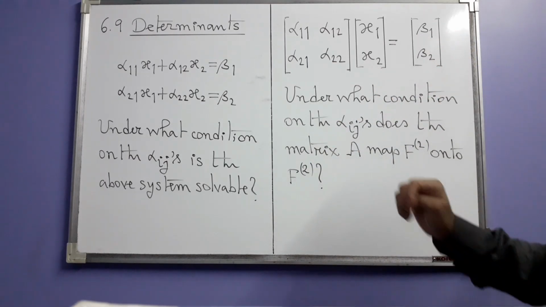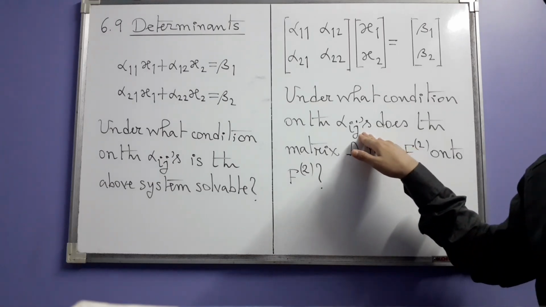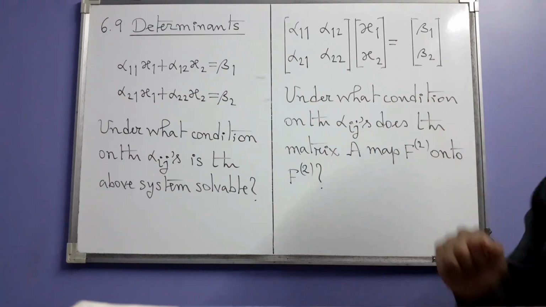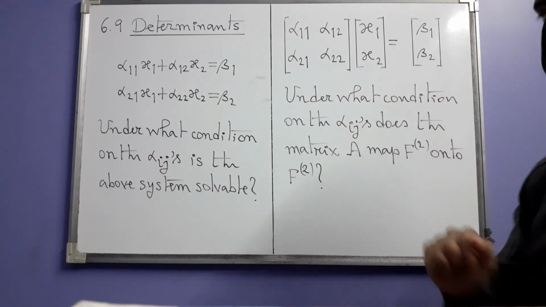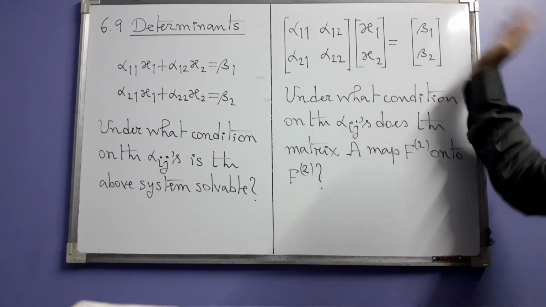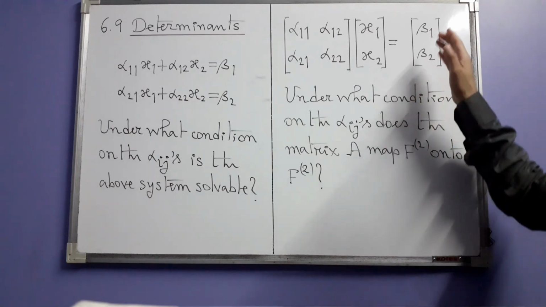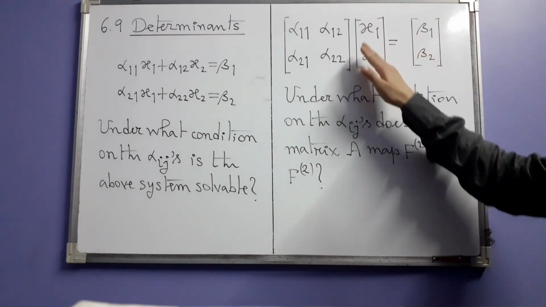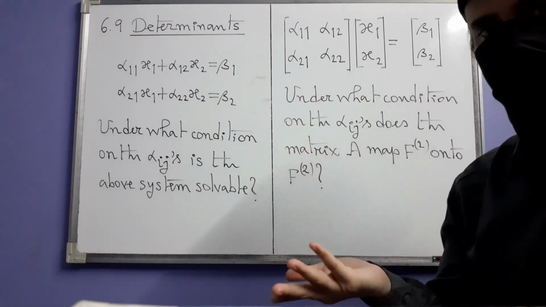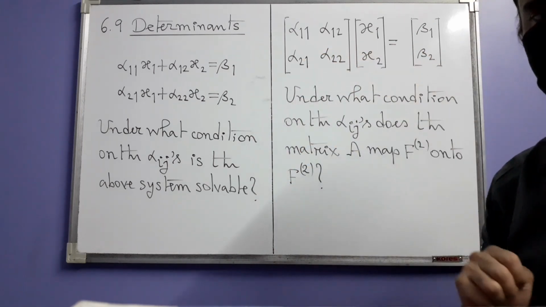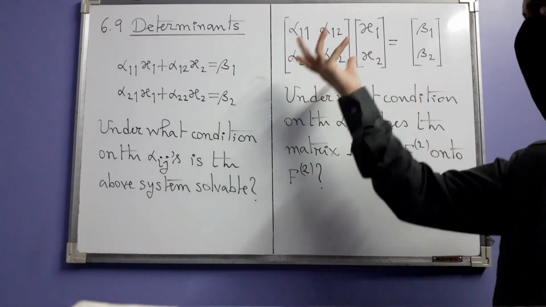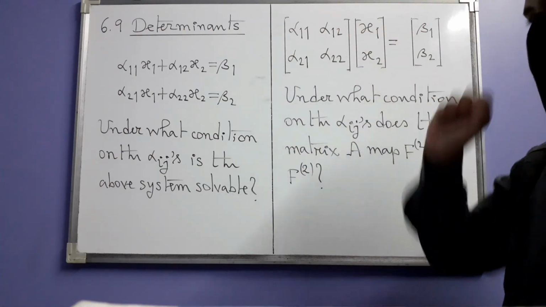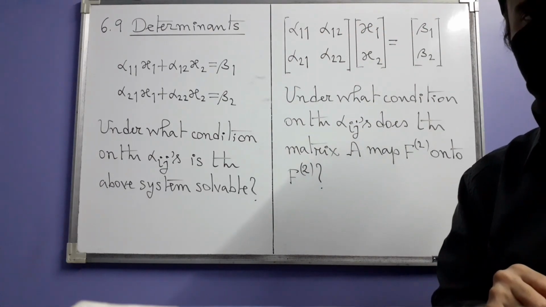And we are asking under what condition on the entries of the matrix is this going to be possible for any vector on this side, so that if this is given, regardless of what this is, you are always going to get a pre-image under this map, the map which multiplies the matrix and this column matrix.